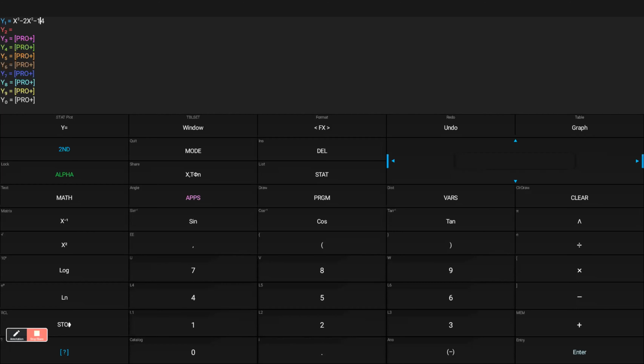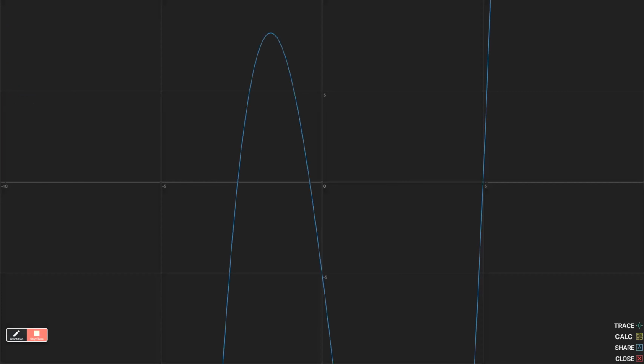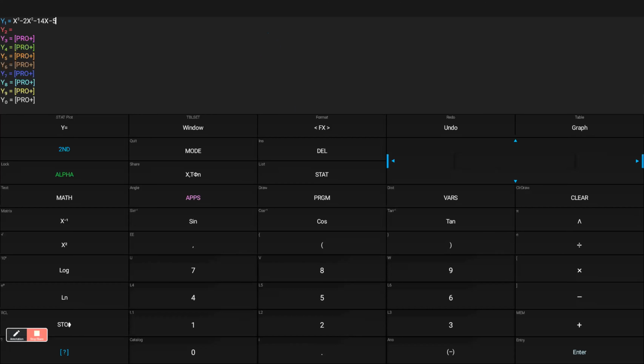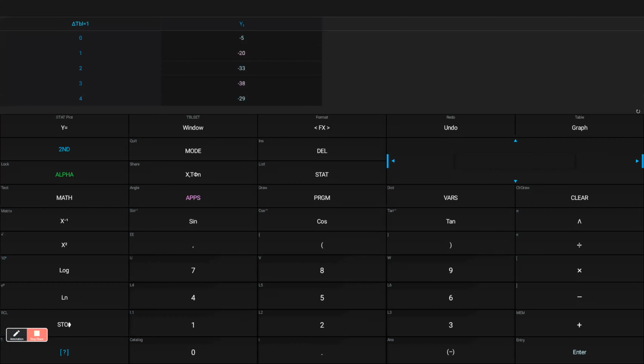So graph this. And this is how the graph looks. And then we're going to access the table, second graph. If you look at the table, I have 5, 0. That means 5 is a zero of this polynomial. So that is exactly what we got when we were solving the problem. So that is what I was going to show you on my calculator.